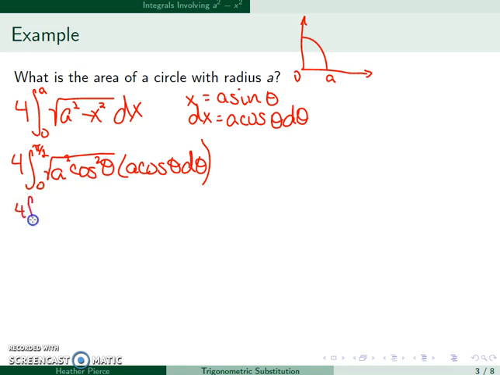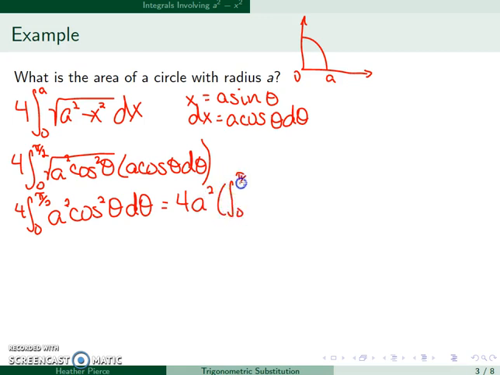Reducing this integral, this becomes a squared cosine squared theta d theta, which is 4a squared times the integral between 0 and pi over 2 of cosine squared theta d theta.